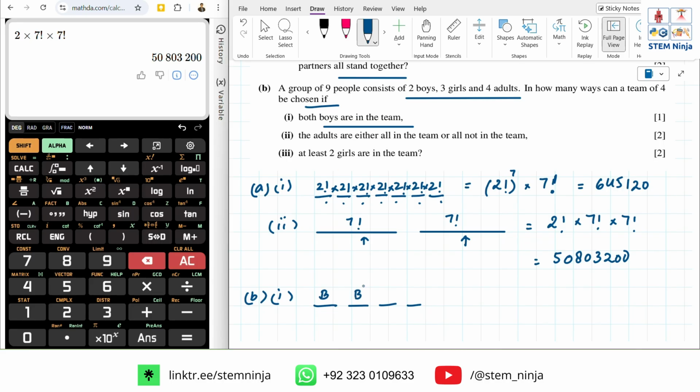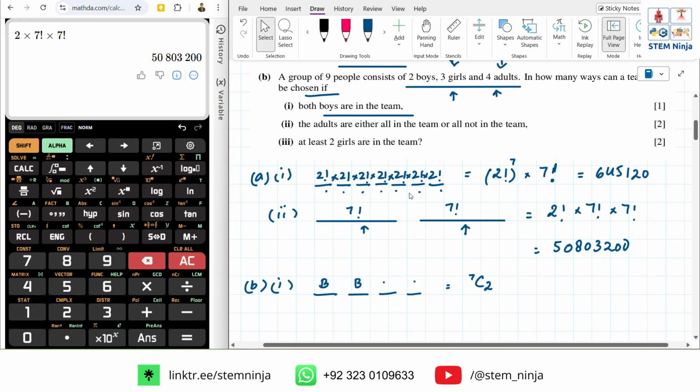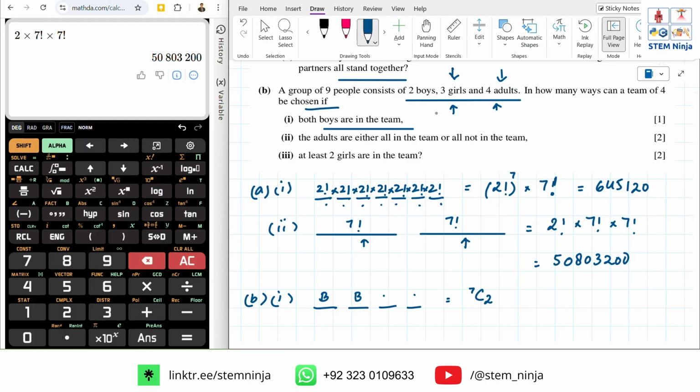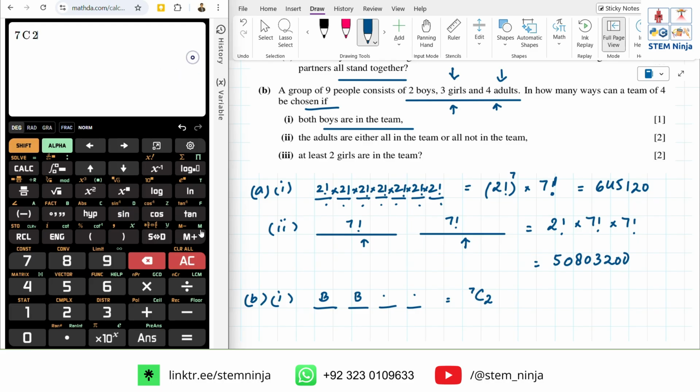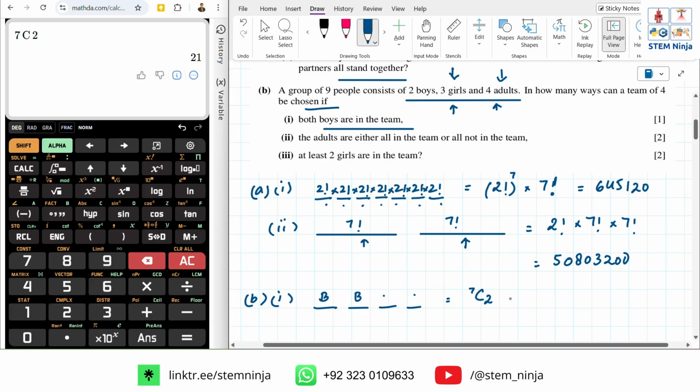So that means you have 3 girls and 4 adults left to choose the 2 spots from. Because the process could be random, we just have 7C2, because they do not put any restriction that we have to have 1 girl, 1 adult. So 7C2 is 21.